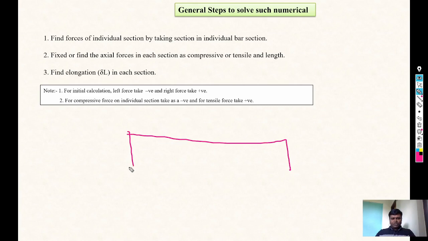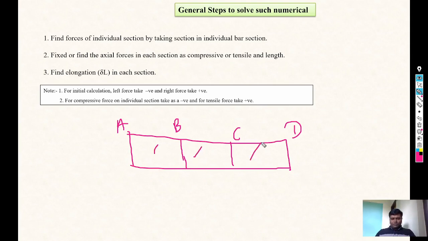Suppose this is our total section, and we consider A, B, C and D. A to D is the total uniform cross section, and if we want to calculate the axial load on each section, say AB, BC and CD, we need to use some sign convention. Initially we consider left force negative and right force positive.